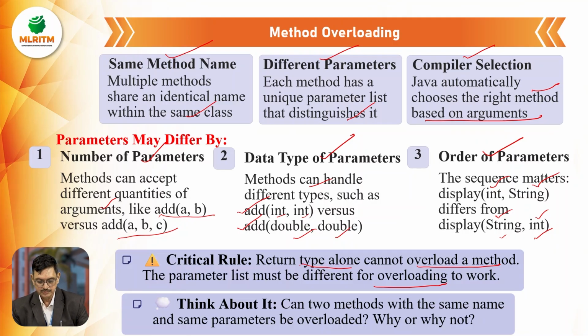Okay, so one more question here: can two methods with the same name and same number of parameters be overloaded? No. Okay, clear. Because if you want to differentiate two methods, they must differ either by number of parameters, or type of parameters, or order of the parameters.